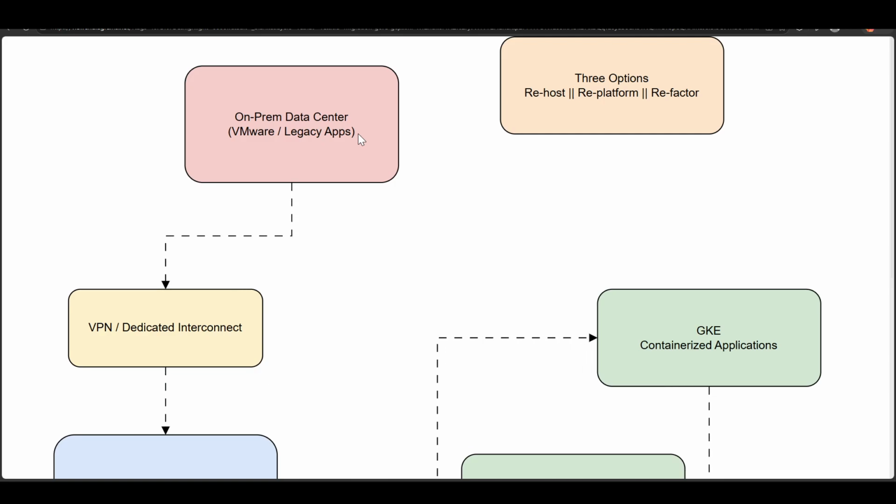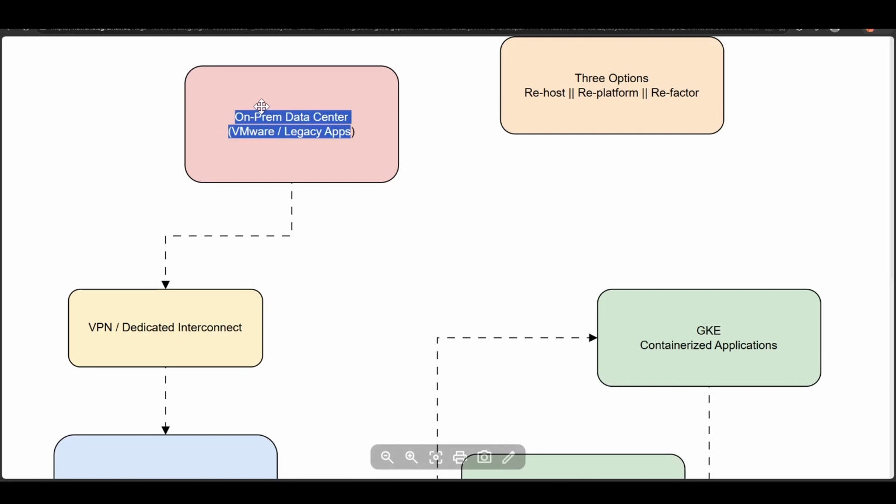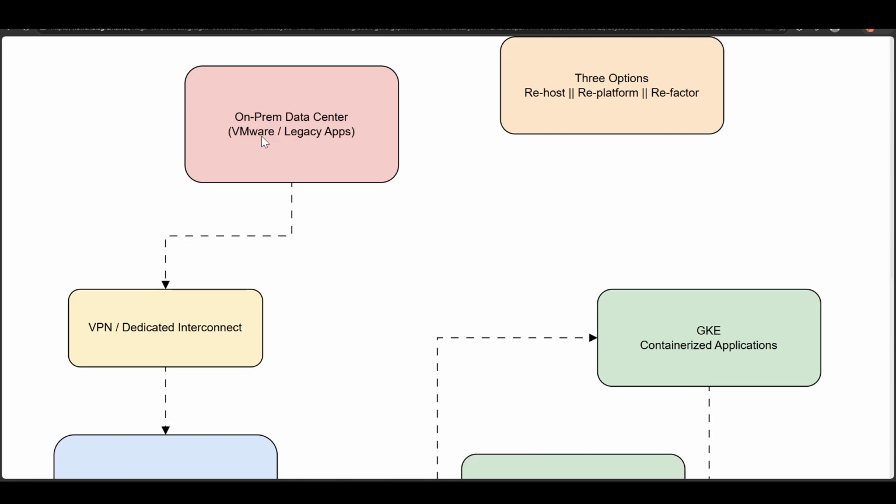So instead of directly moving to GCP services, we first migrate your existing virtual machines to Google Cloud VMware Engine, which we call GCVE.